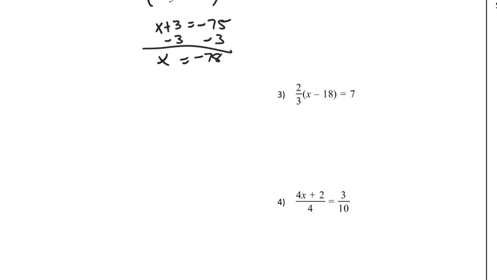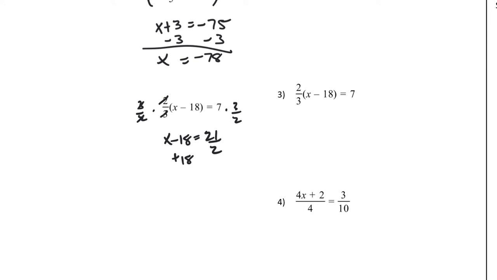For this one, I will copy again, bring it over to the side. I think that perhaps I could distribute the 2/3, but I'm just going to multiply by 3/2. So if I multiply by 3/2 here, these cancel, but I have to multiply by 3/2 over here. So it'd be x minus 18 equals what, 21/2?